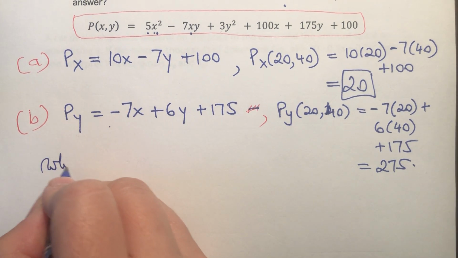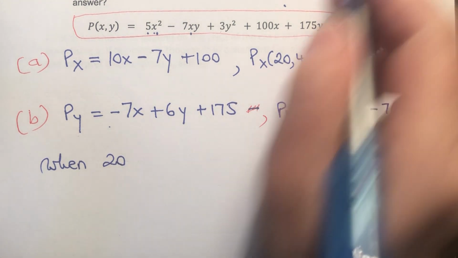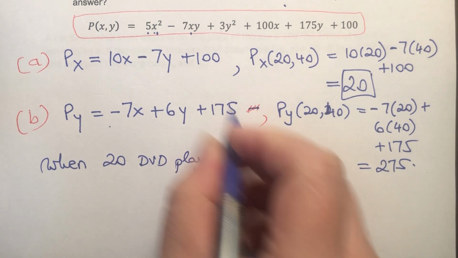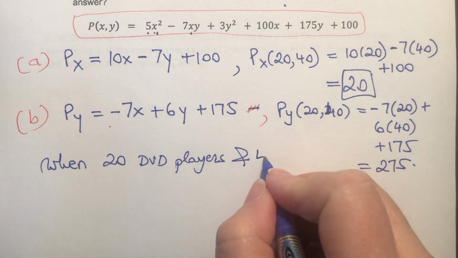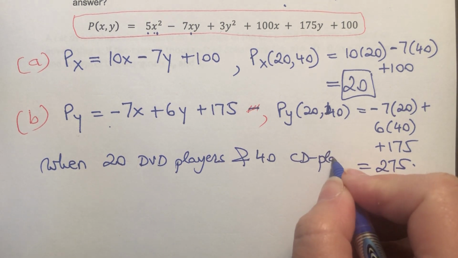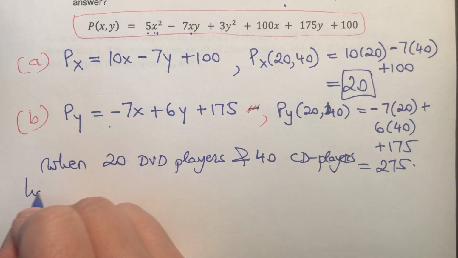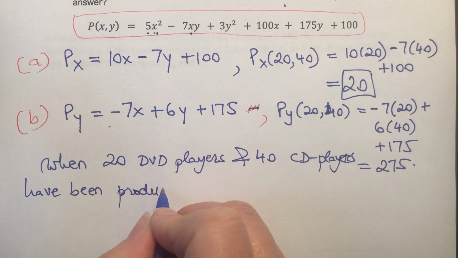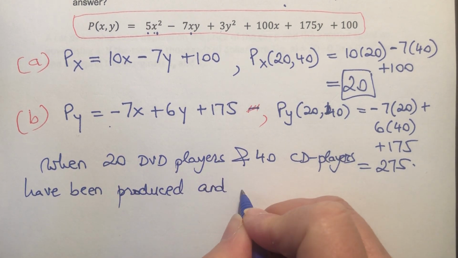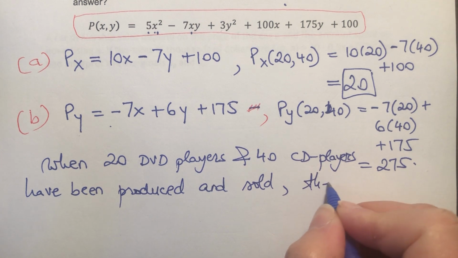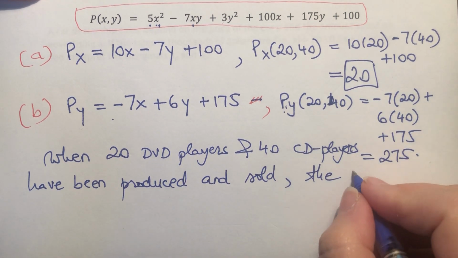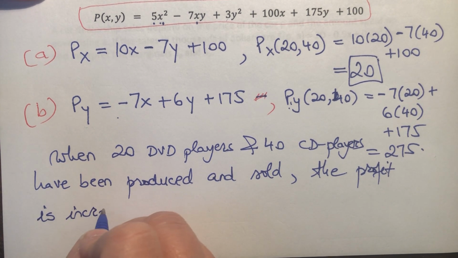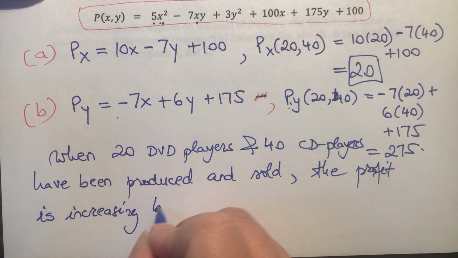So when 20 DVD players and 40 CD players have been produced and sold, the profit is changing, yes? The profit is increasing, so we got a positive value. By how much?